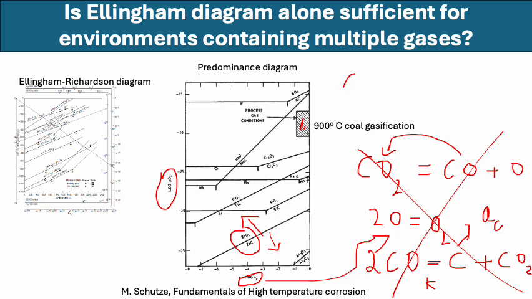So here this reaction is usually, this is coal, the carbon is from coal, then you produce H2.